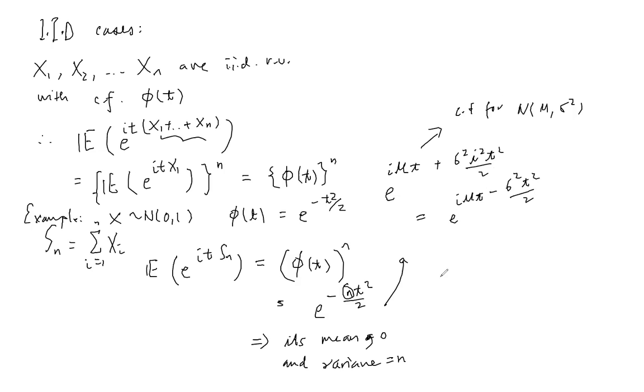So here you do some matching, and this implies that your Sn is normal with mean 0 and variance n, okay?